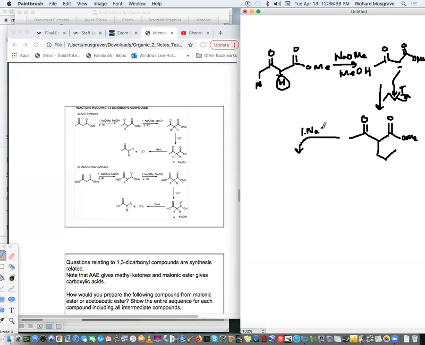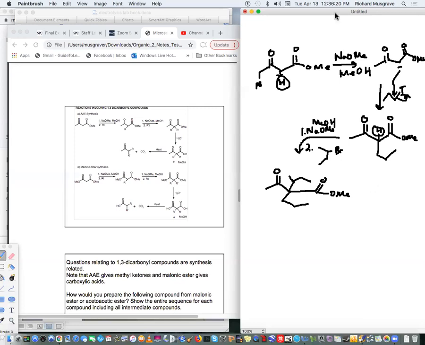I'm just going to do this as one step now. And we can put another group of your choice on. I'll choose something else here, and I'll make it a bromide this time. And it will do the same thing. There's one more hydrogen here that's acidic that can be removed, this one. And that allows us to get this grouping attached like that. Okay.